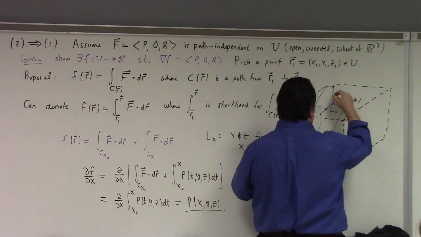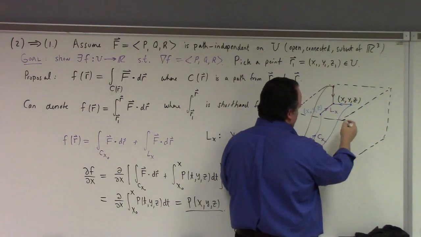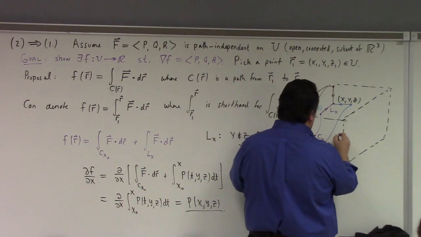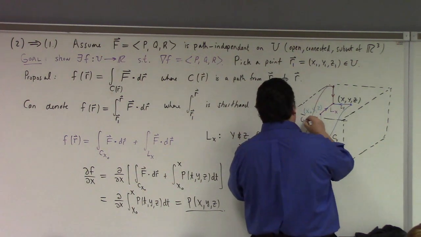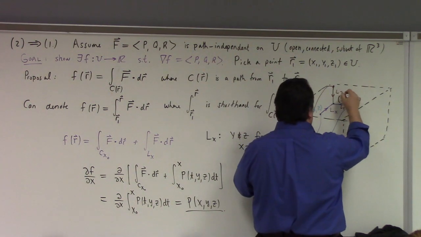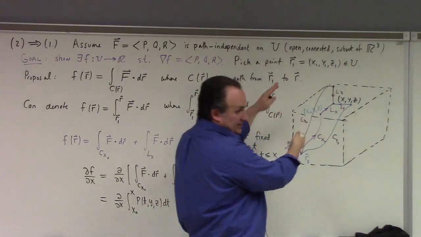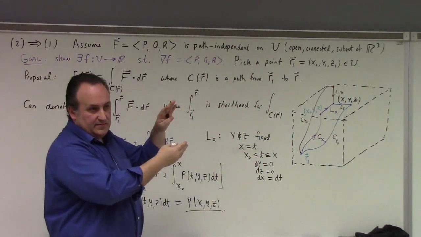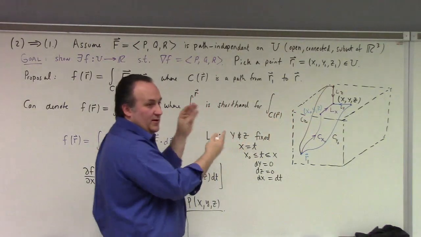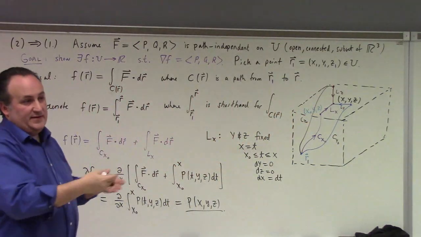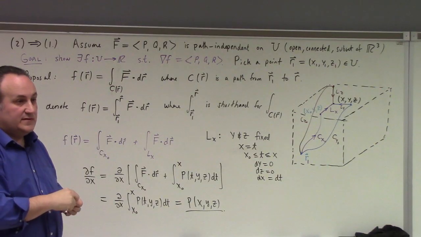This picture is slightly heuristic, I suppose. The point is that whether I'm coming in C x naught, or C y naught and then L sub y, or C z naught and L sub z, these are three different ways to get to the point x, y, z, and they have to all be equal because we have path independence of the line integral. That's assumed.